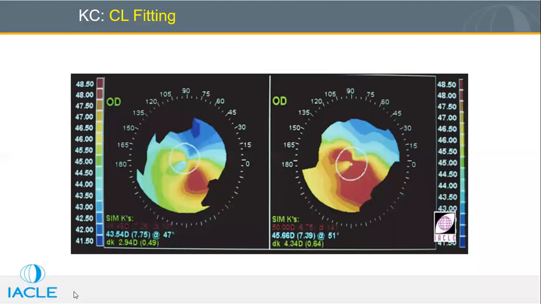Second one, sir. The second one has severe keratoconus. Okay, so it's very evident. The right eye, the second picture, has the more severe keratoconus. So fitting this would be more challenging than fitting the other cornea.